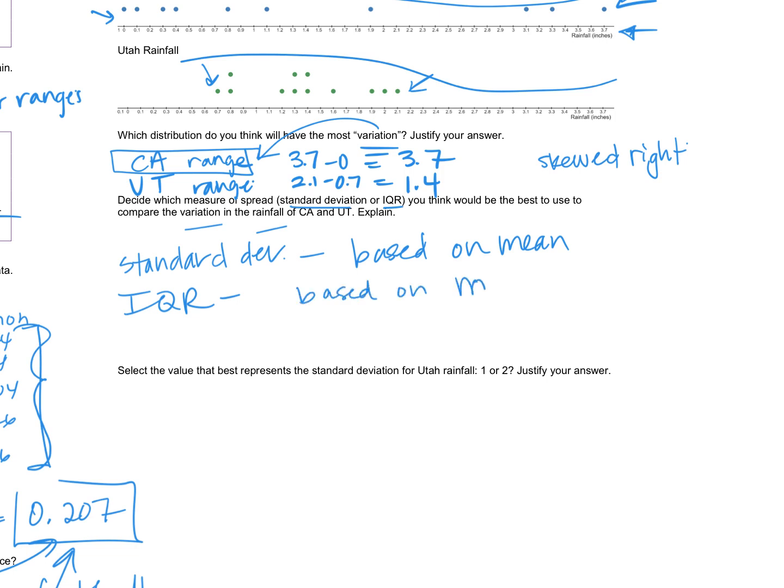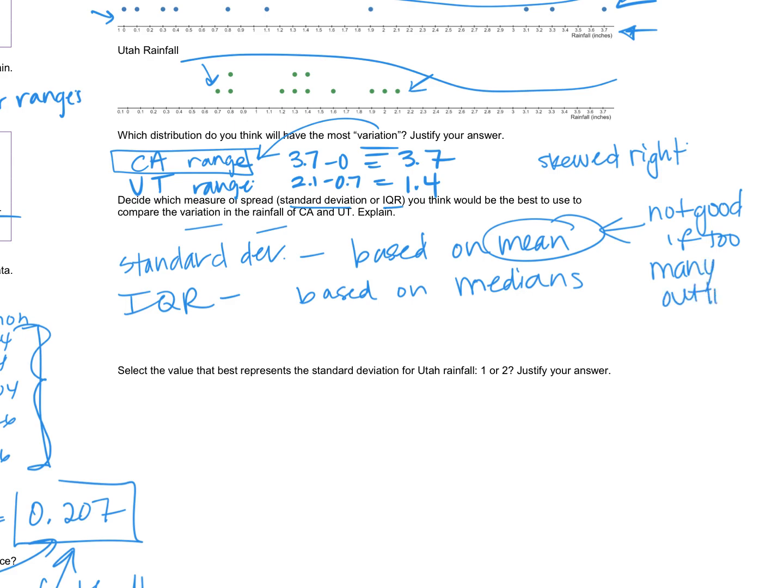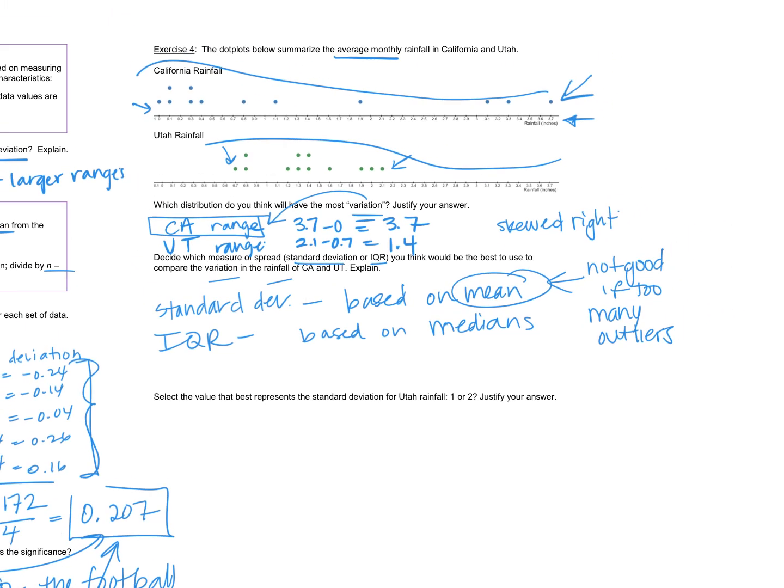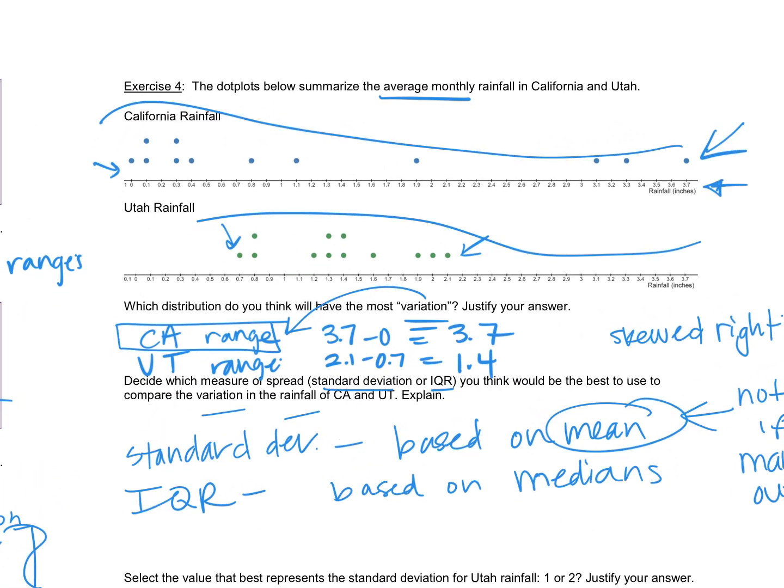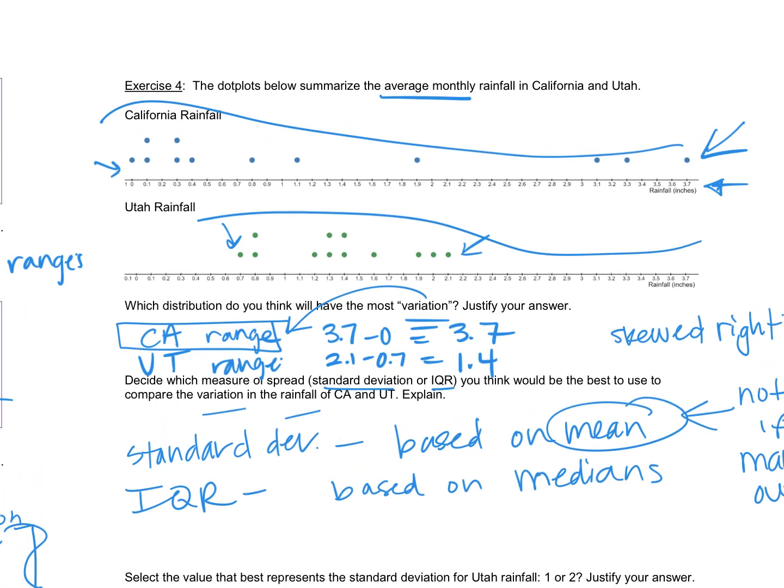Which one is the one that normally throws off your data set? Well, often the mean is not very good if there's a lot of outliers. And so if you look back up at California, it looks like we are skewed to the right.